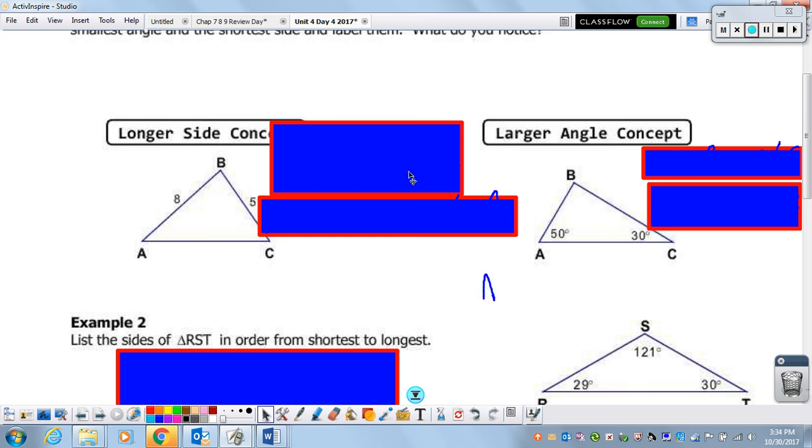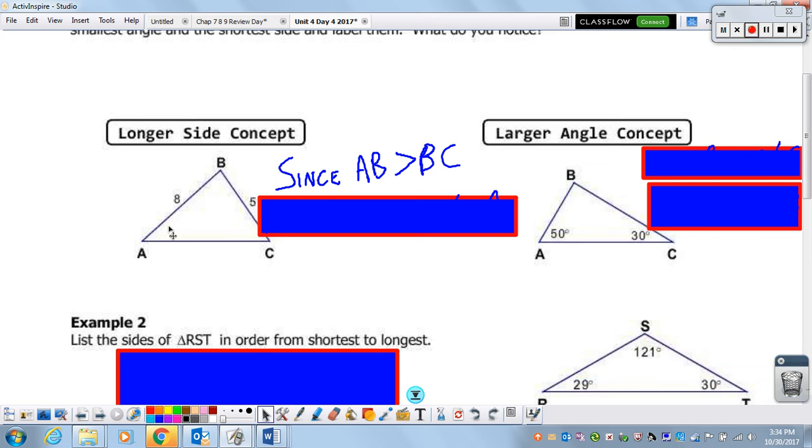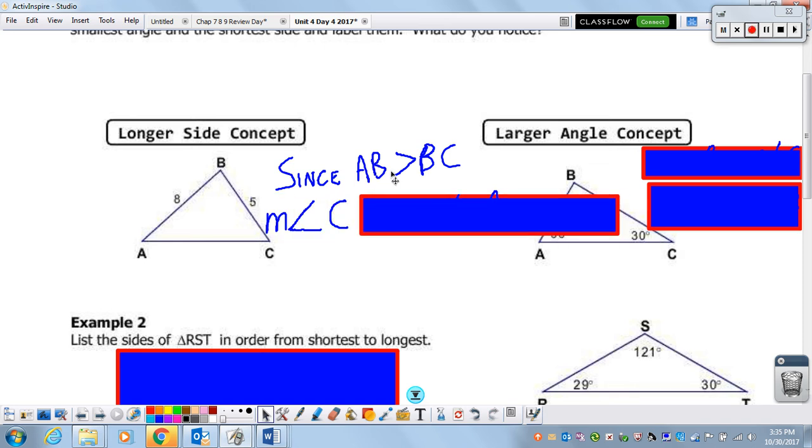So, what we have here, since AB, which is 8, is greater than BC, which is 5, the angles across from them are going to have the same relationship. So side AB is 8. If you cover up AB, the only angle you can see is angle C. So that tells us that the measure of angle C, we have the same thing as greater than. If we cover up BC, the only thing we can see is angle A.